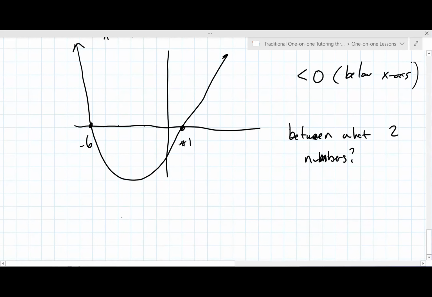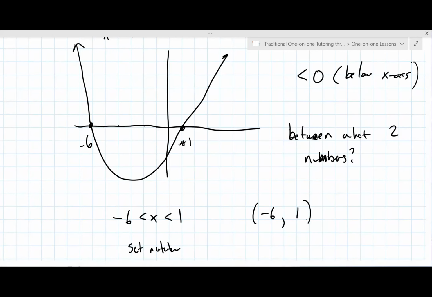Okay, so that is -6 less than x less than 1. And that's set notation. We'll keep it simple. And then the interval notation is just the two numbers there.